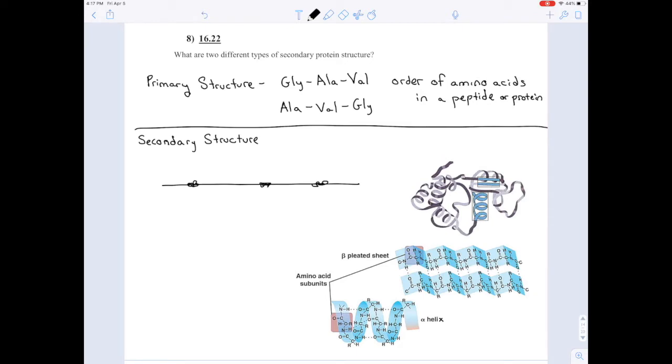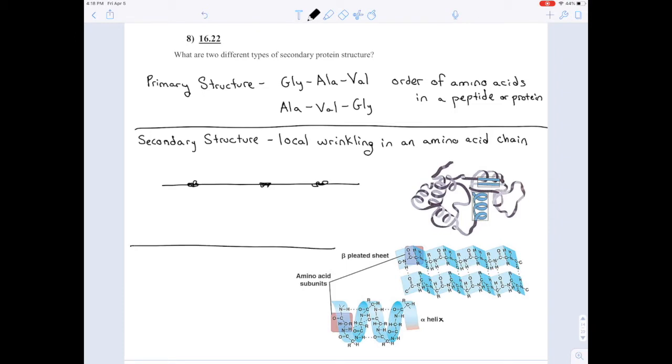That local wrinkling in an amino acid chain is the secondary structure. We'll come back to that.